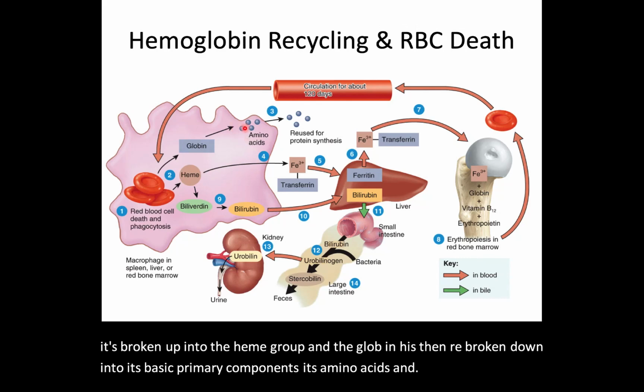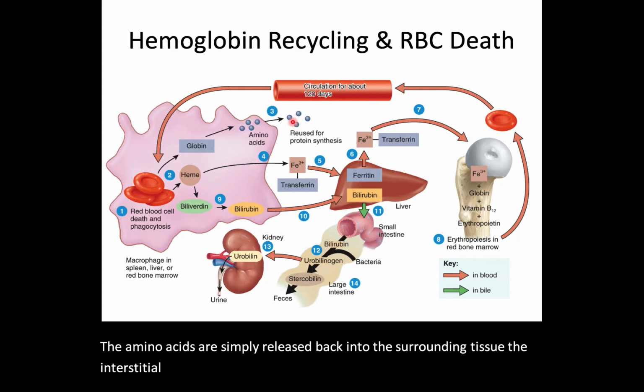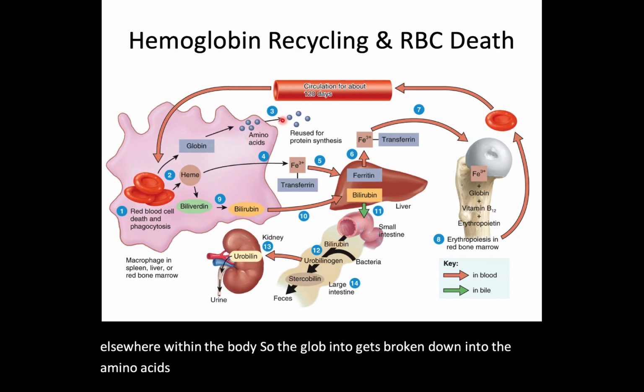The amino acids are simply released back into the surrounding tissue, the interstitial fluid, as well as the blood, for reuse and repurposing elsewhere in the body. So the globin gets broken down and the amino acids are released for protein synthesis elsewhere in the body.